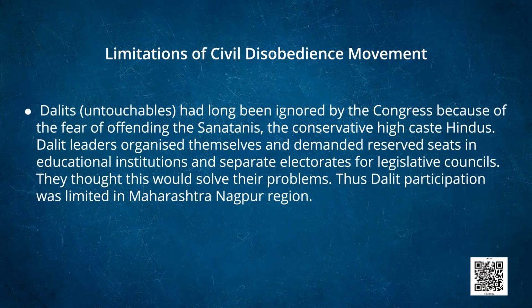Dalits or untouchables had long been ignored by the Congress because of the fear of offending the Sanatanis, the conservative high caste Hindus. Dalit leaders organized themselves and demanded reserved seats in educational institutions and separate electorates for legislative councils. They thought this would solve their problems.